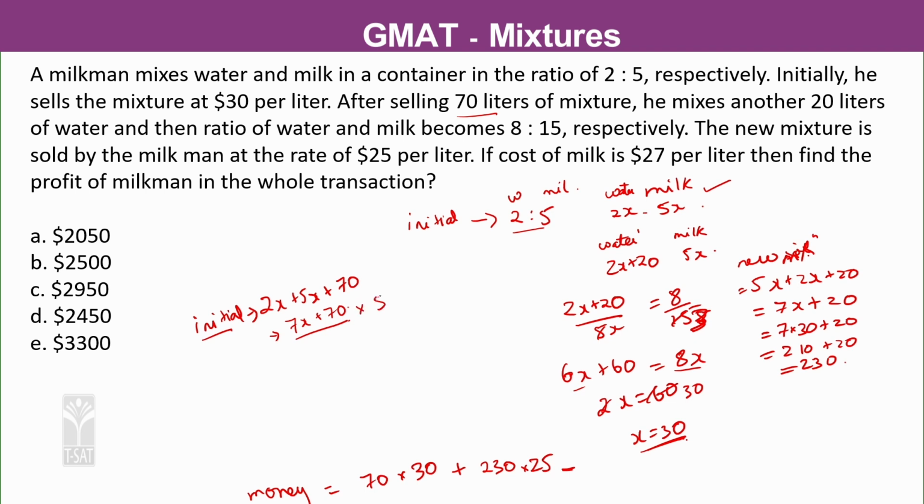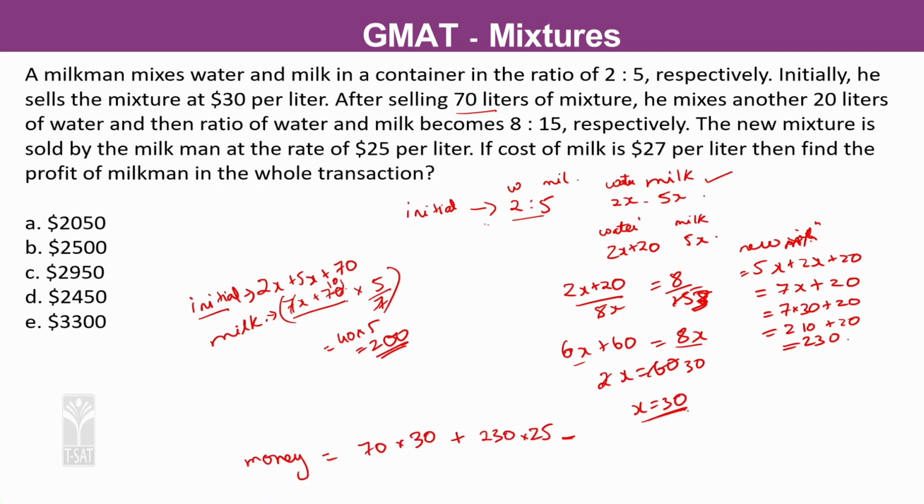The milk is 5 divided by 7 times (7x plus 70), where 7 gets cancelled. You have (x plus 10) into 5. So, x is 30. So, 40 into 5, which is equal to 200, is the amount of milk initially in the original solution, since the initial ratio of water to milk is 2:5. So, he had to pay 200 into 27 rupees for the milk.